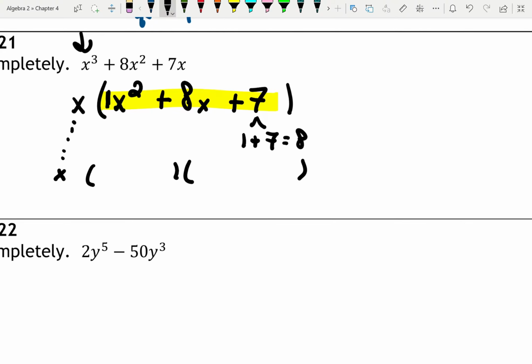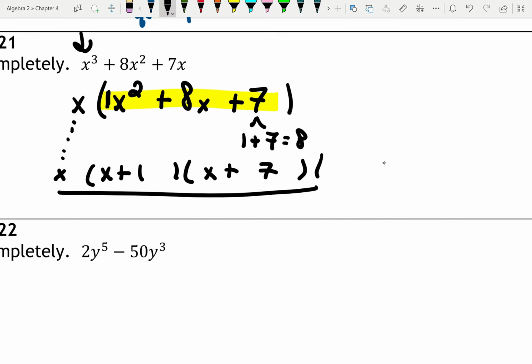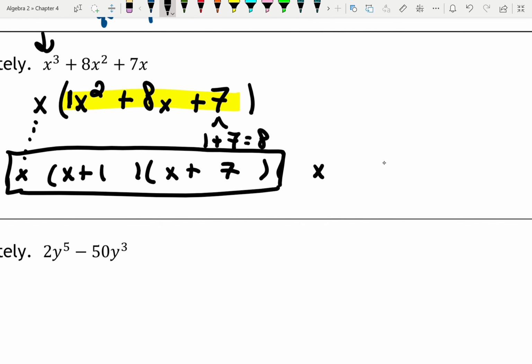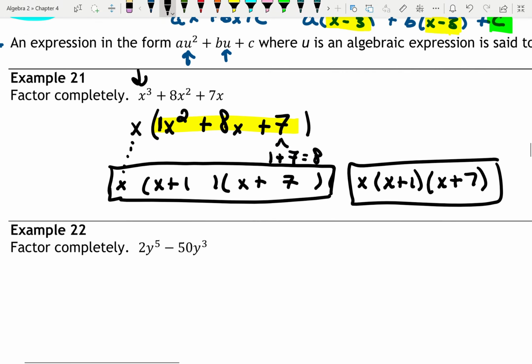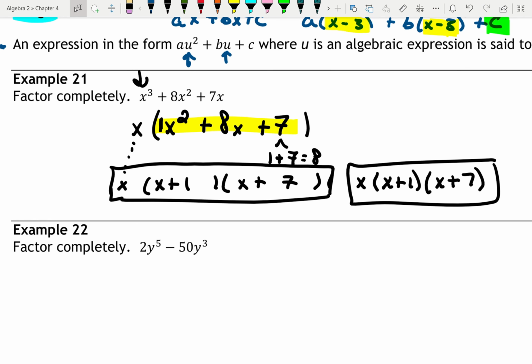And then the quadratic piece in the parentheses can break apart to be x plus 1, x plus 7. And this is going to be the factored form. So we factored it completely. Let me rewrite it, just make it a little bit prettier: x times (x plus 1)(x plus 7). Makes it look just a little bit prettier. All right, that's number 21 there.